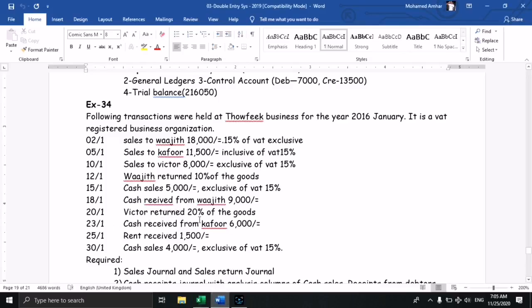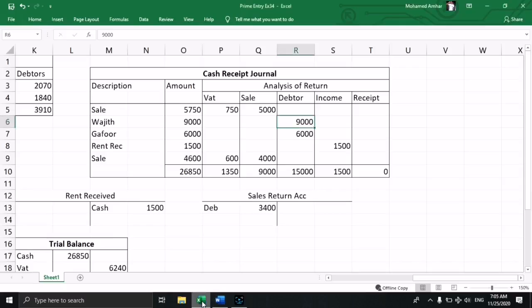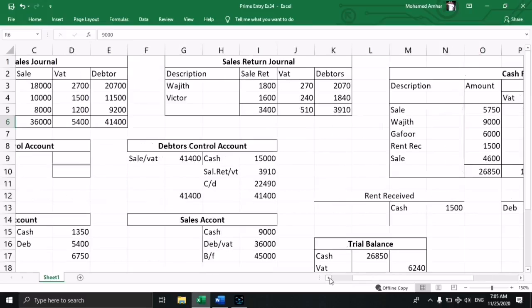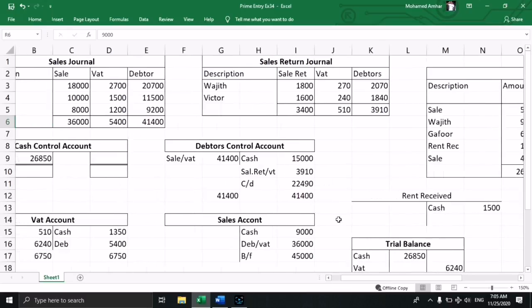Then date is 20. Victor returned 20% of the goods. So already we sold to Victor. Now Victor is returning 20% of the goods. So you have to write it in the sales return journal. Victor returning 20%.